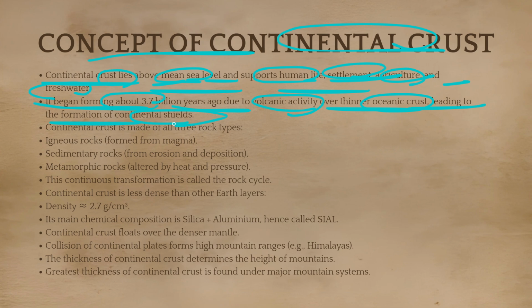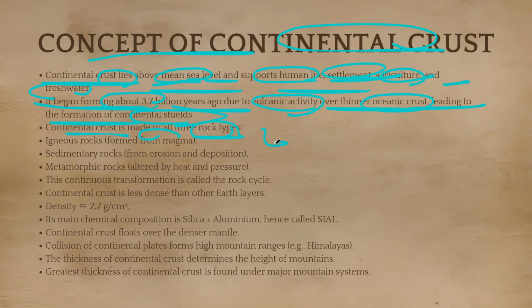Basically, it began to form about 3.7 billion years ago due to volcanic activity happening on the thinner oceanic crust, and this leads to the formation of continental sheets.